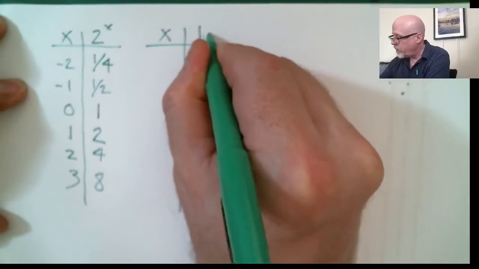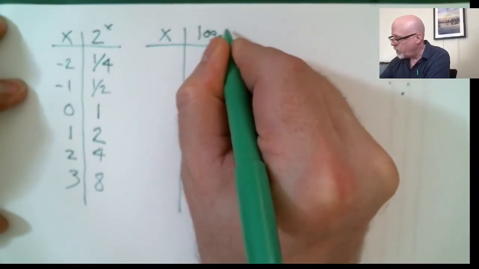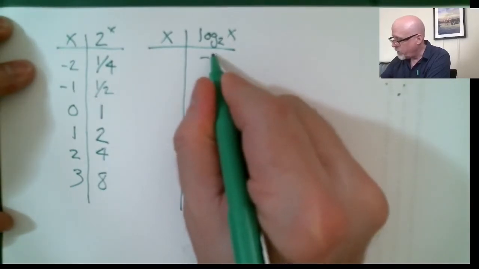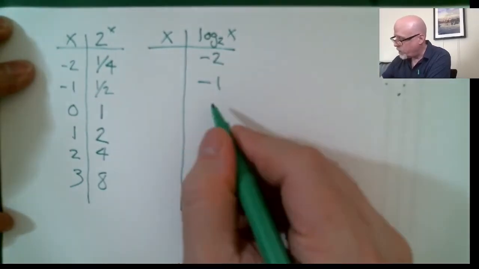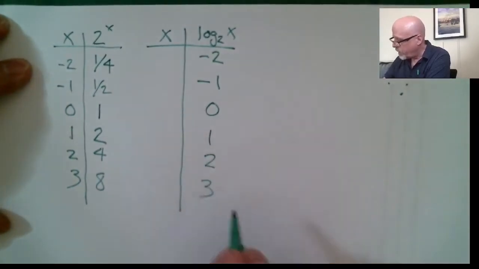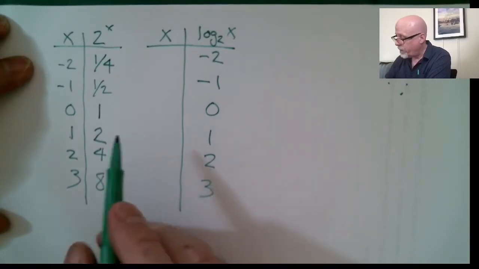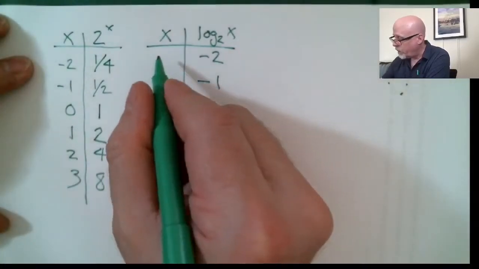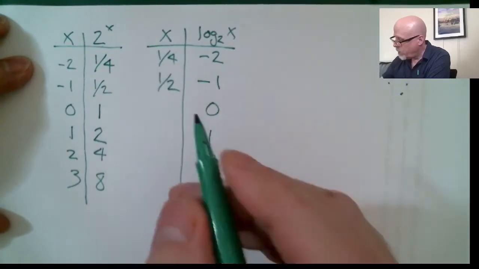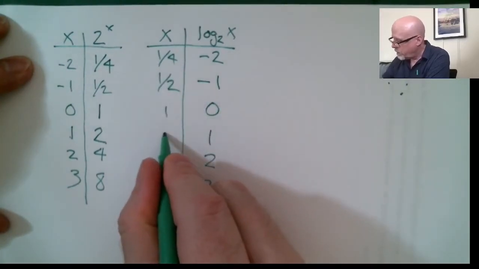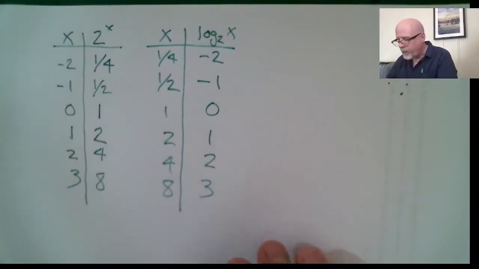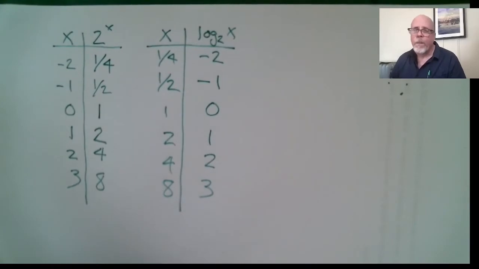So if I have the log base 2 of x column, that's where you'll see the numbers that are just going in order: -2, -1, 0, 1, 2, and 3. And the x values are these powers of 2 that we were writing down before. So 1 quarter, 1 half, 1, 2, 4, and 8. Literally, we've just switched the 2 columns.